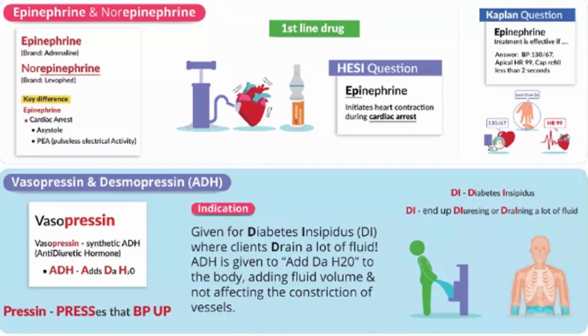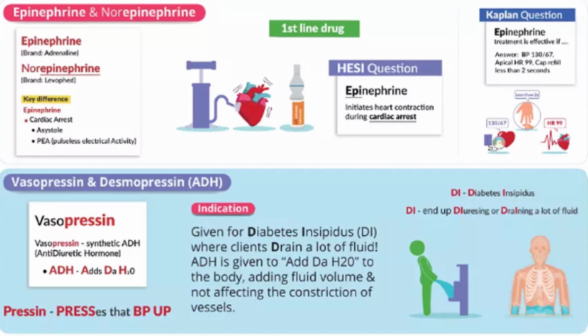The first line drug when somebody has had cardiac arrest is epinephrine. It initiates our contractions. I don't know. We're going to skip over what that little thing is. I was just trying to give y'all something that's a picture and not just words written on a slide that might be helpful for y'all to look at.